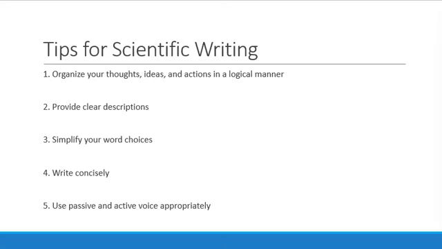What this is talking about here is, as you write with scientific writing, even if your audience is familiar with the topic, you assume that they don't know the topic. For example, I see this all the time in medical journals.